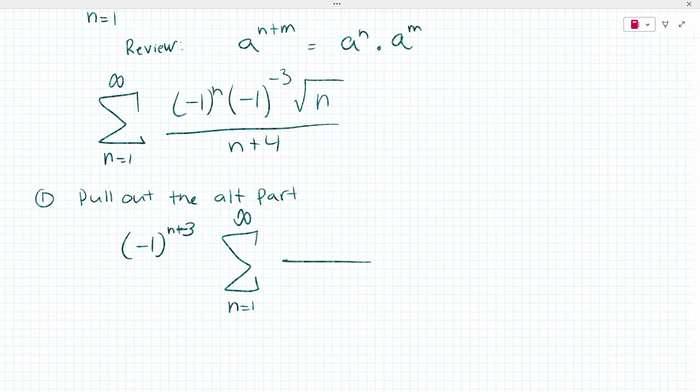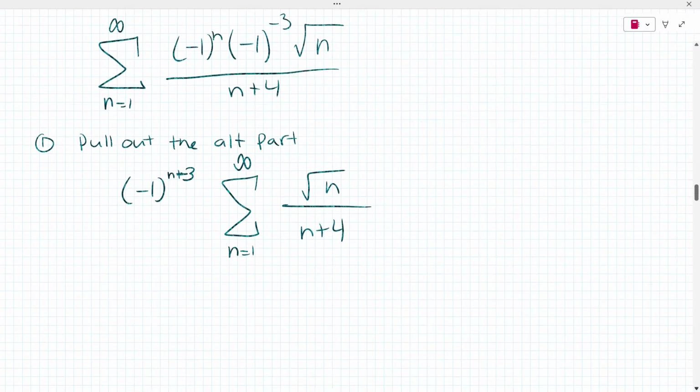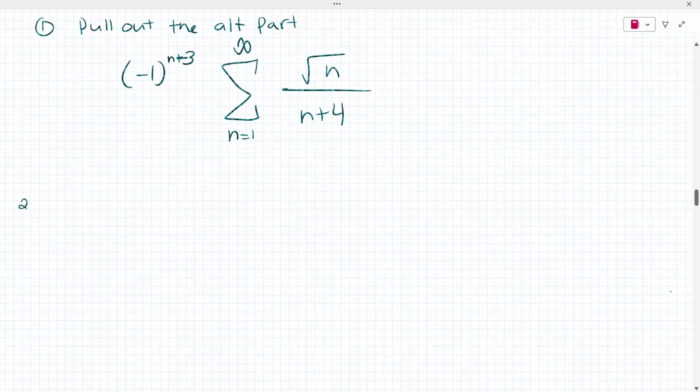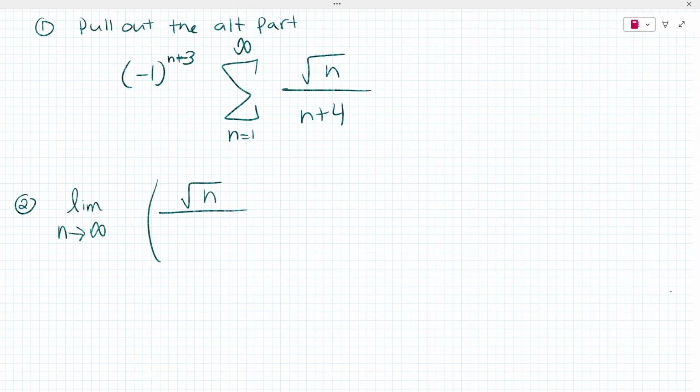And then you're left with square root of n over n plus 4. Step two, plug in your limit as n goes to infinity. So you're left with square root of n over n plus 4. And if you want, you can rewrite square root of n as n to the 1/2.